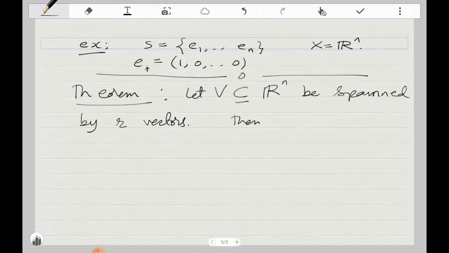Then the dimension of V is less than or equal to R.